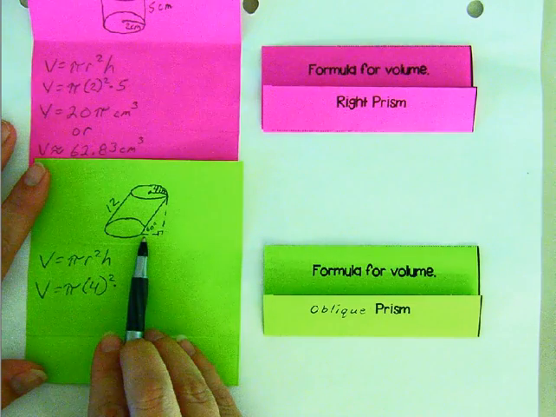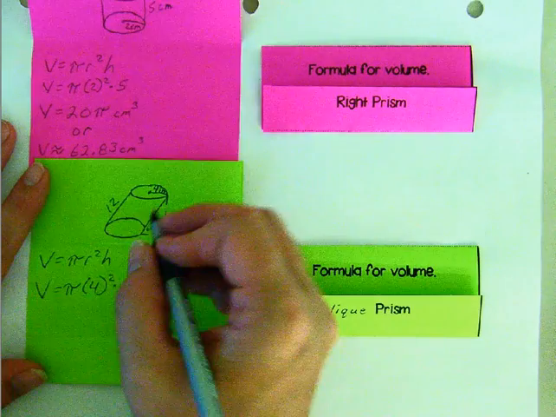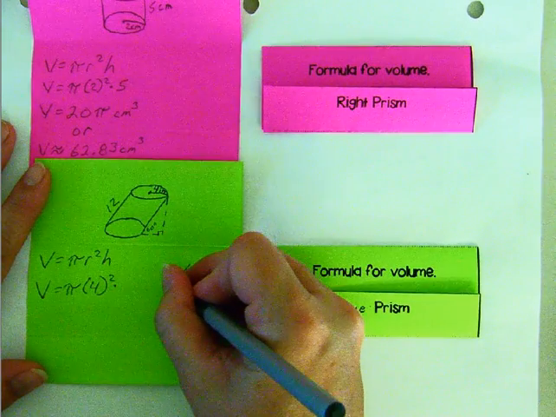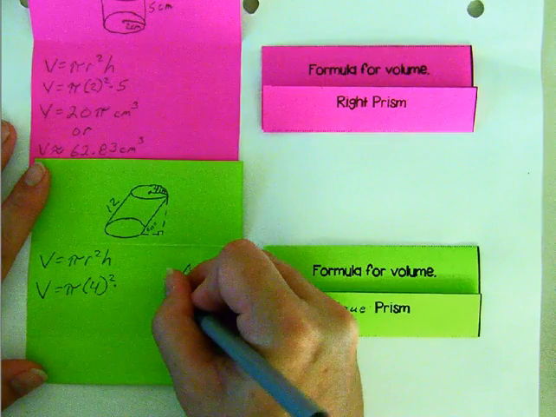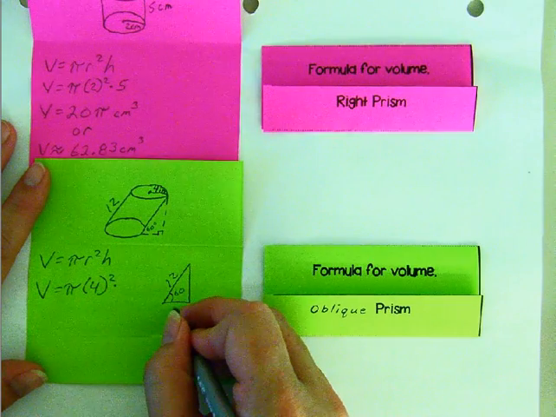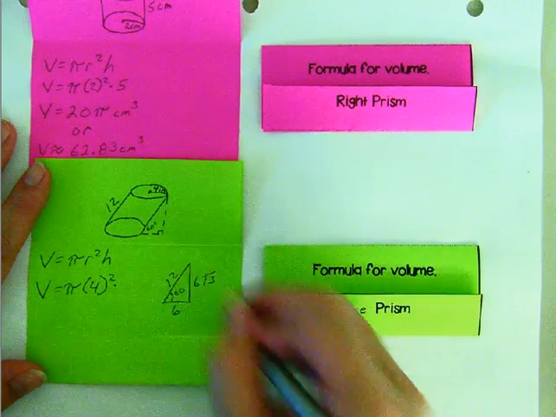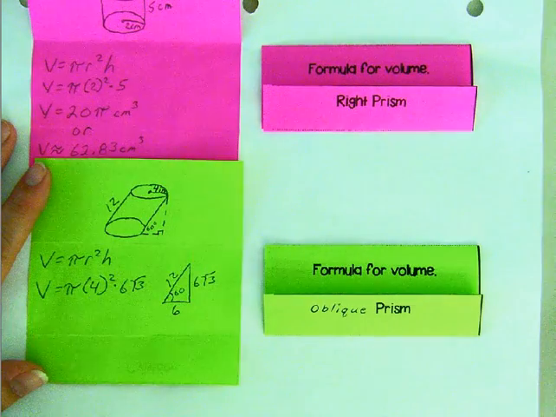So if this is a 60-degree angle here, we have a 30, 60, 90 triangle going on. So that means, I'm just going to draw my triangle off here to the side. So if this is 60, we have 12 here. So that means this piece has to be 6. So then this is 6 square root of 3. So this becomes 6 square root of 3.